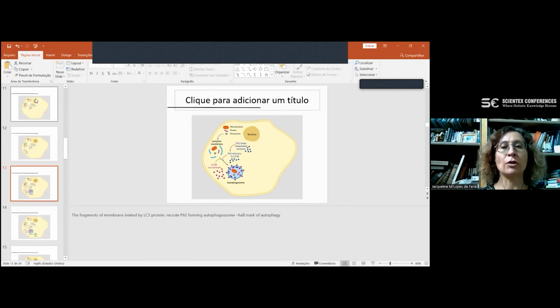And this will all be organized, in a very simplified way to explain this, to form an autophagosome structure.